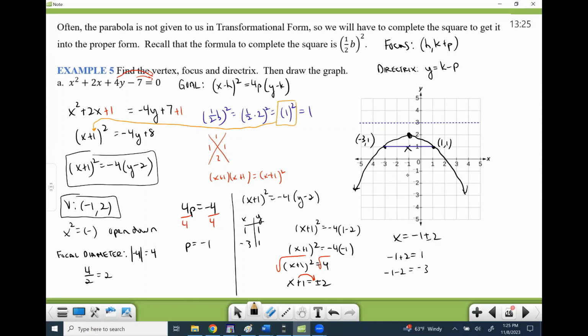Do we already have these things? It should be y equals 3 for the directrix, and it should be -1, 1 for the focus. But let's go ahead and do this using the formulas too. So -1, 2 are our h comma k. The p that we got was right here, -1. So plus -1. Plus a negative is just a minus, right?